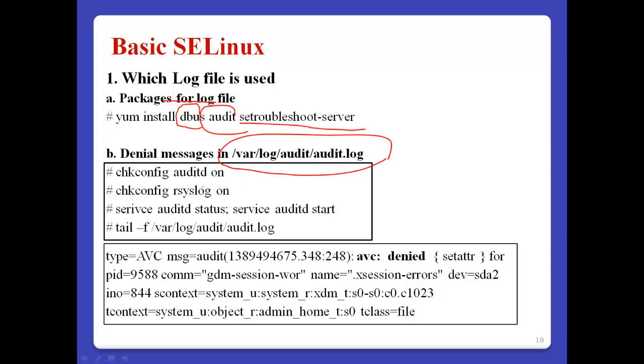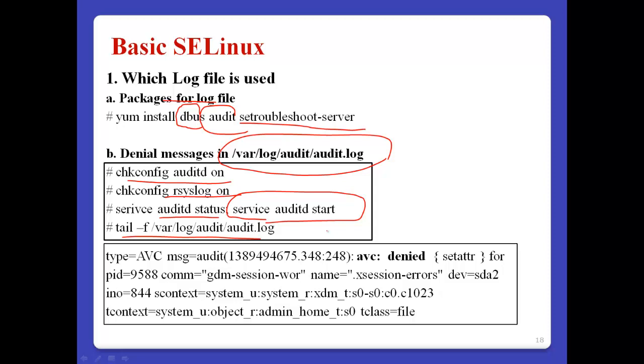To use this file, first turn on auditd and rsyslog, and after that check the audit status. If you did not start this one, then start this service: service auditd start. And if you want to see the log file, use this command: tail -f /var/log/audit/audit.log.